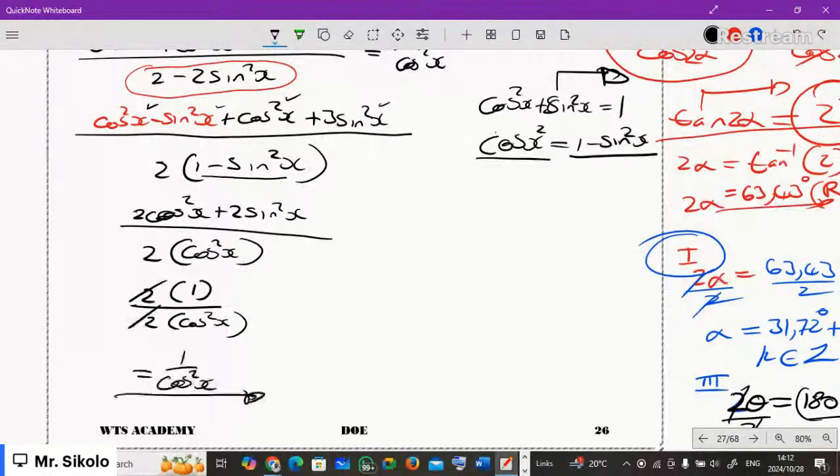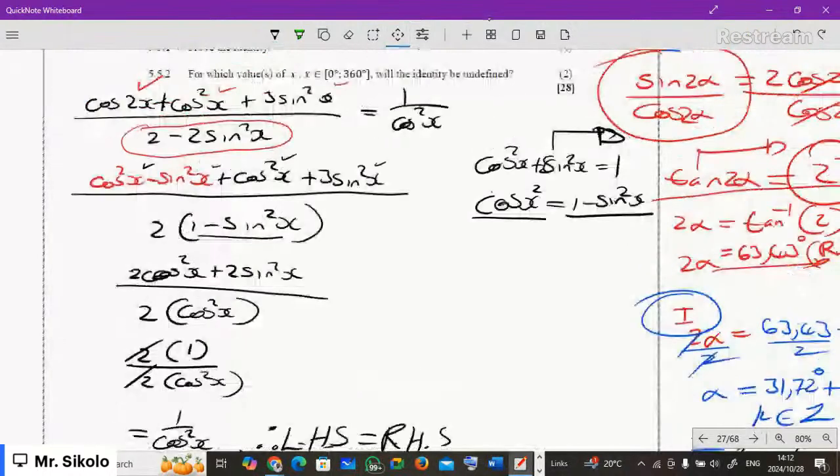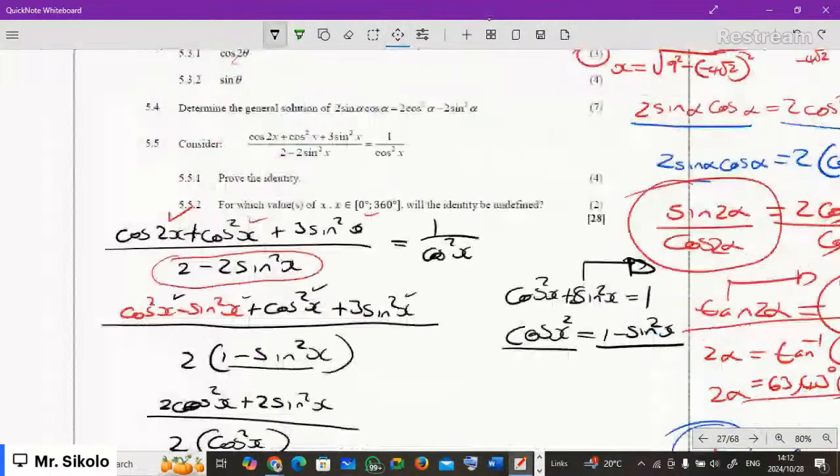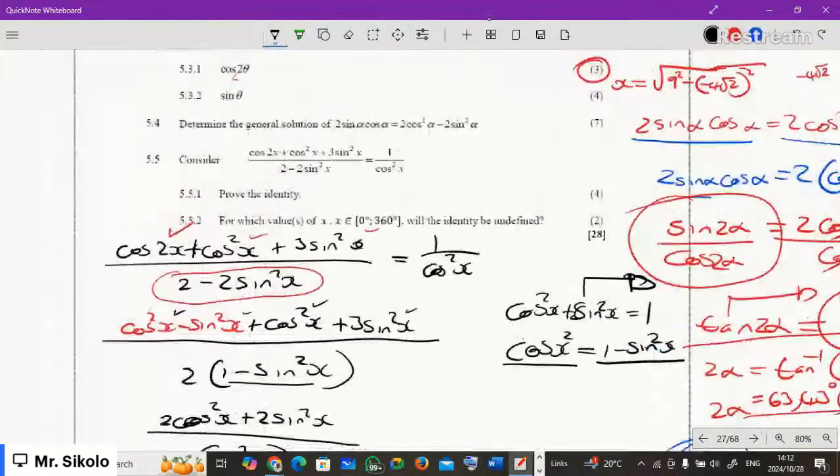Nanso uyigqibile. Therefore you can see phayana ukuba the left hand side equals to the right hand side. So besilibele ukutsho phana uba sithathe thina i-left hand side to prove.